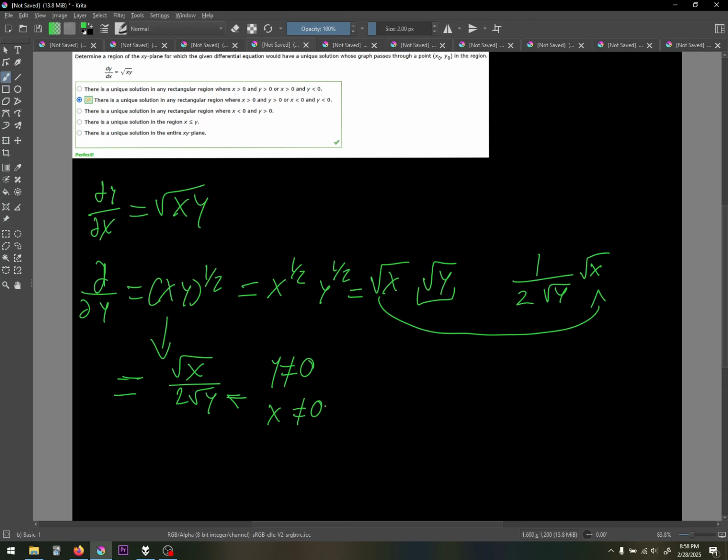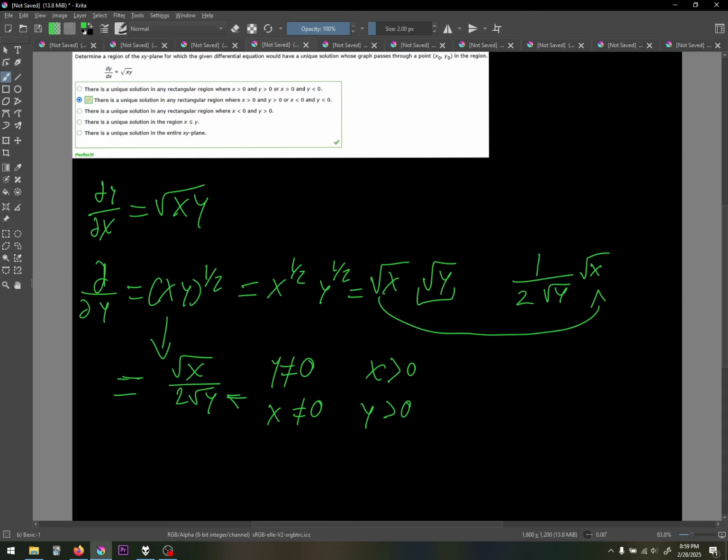However, right, if x and y are greater than 0, right, then this is a solution, and I guess it would be unique, but it exists, right?